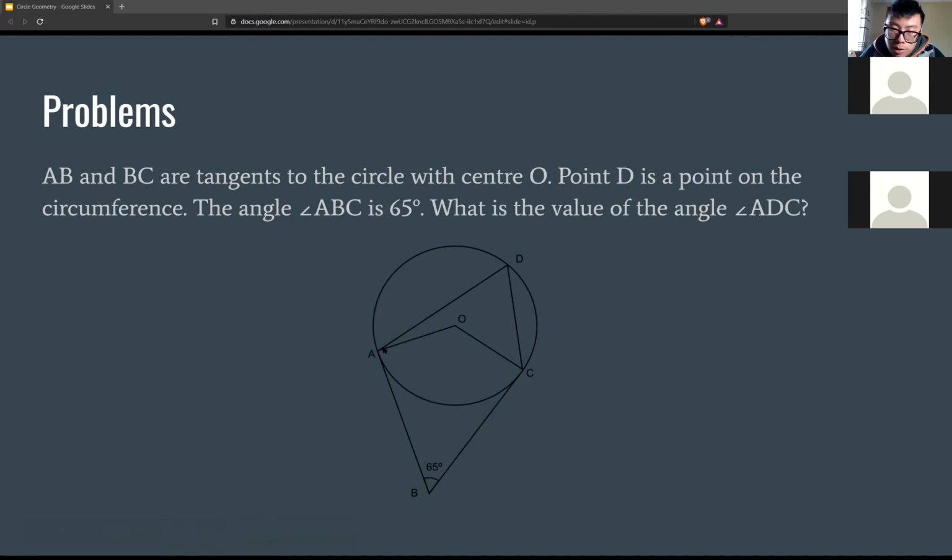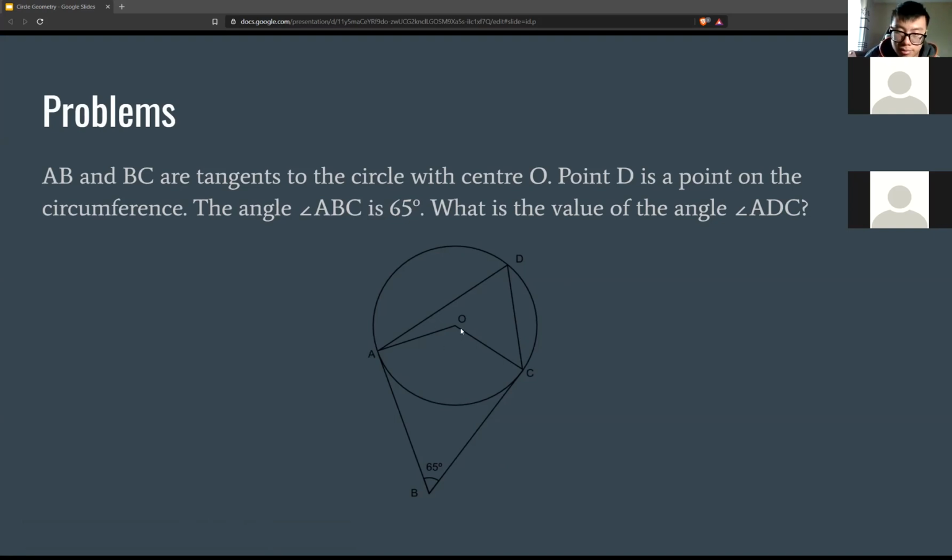BAO is 90 degrees, and BCO is 90 degrees. Now we have 3 angles, and we're trying to solve for 1 angle. We can take 360 and subtract the value of each of those angles. So 360 subtract the 2 90 degrees gives us 180 degrees. And now 180 subtract 65 should be 115 degrees. So AOC is 115 degrees. Is that clear? Hopefully that should be clear.